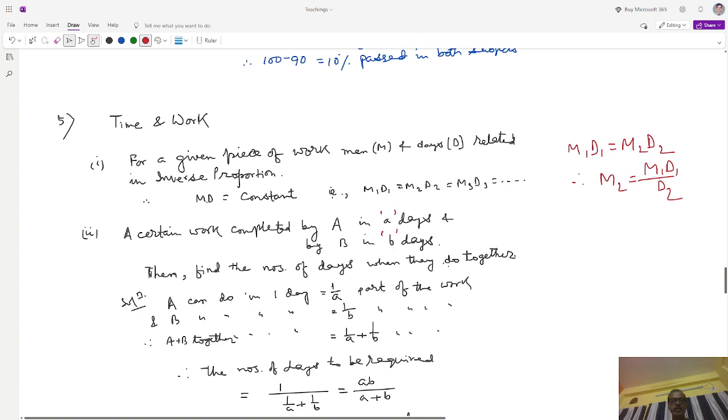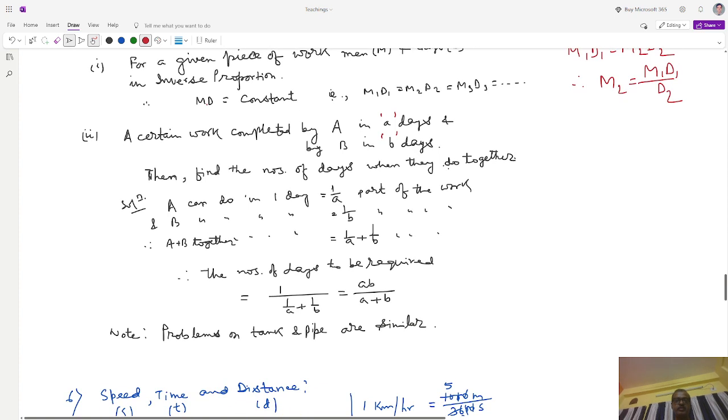A can do it in 1 day, equal to 1 by A part of the work, and B can do in 1 day 1 by B part of the work. So if A and B work together, then in 1 day they do 1 by A plus 1 by B part of the work. So the number of days required to complete this work is 1 by (1 by A plus 1 by B), equal to AB by A plus B.